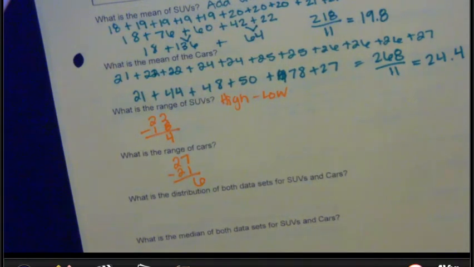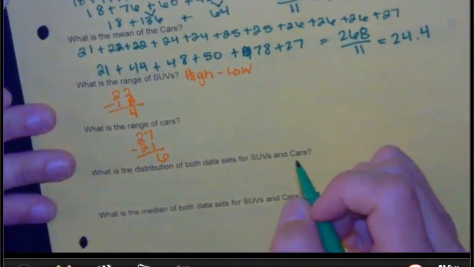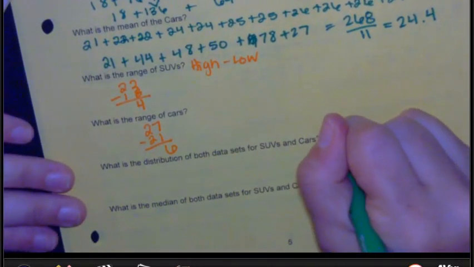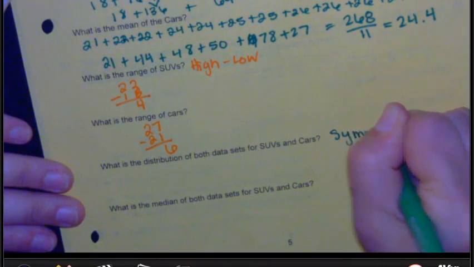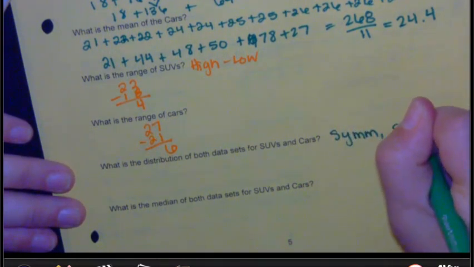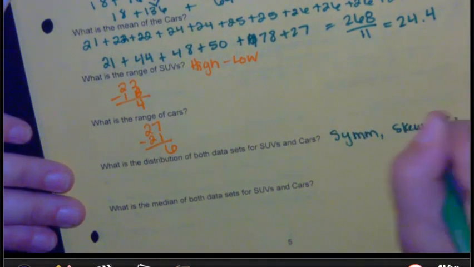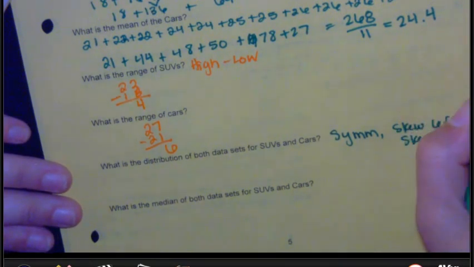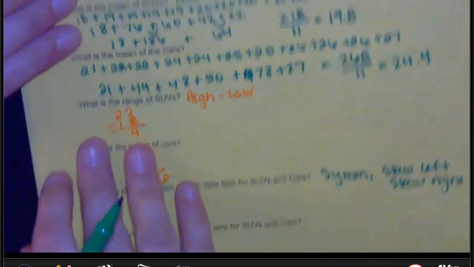All right, what is the distribution of the data for SUVs and cars? Now remember, you are either symmetrical, skewed left, or skewed right. Okay.